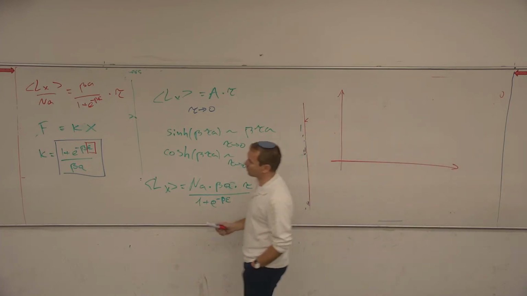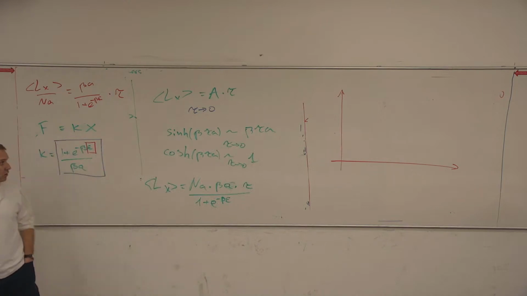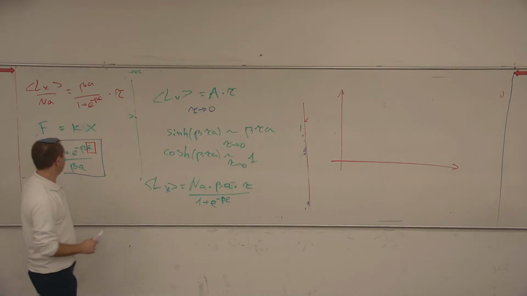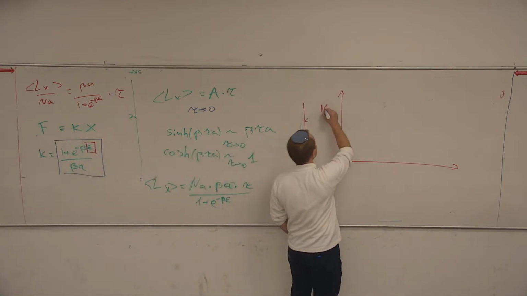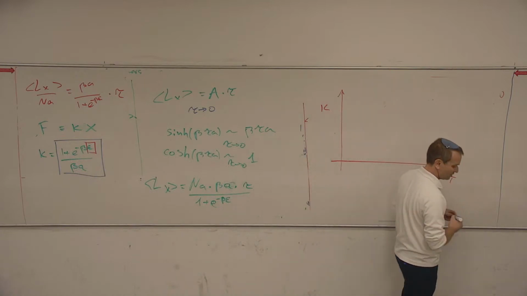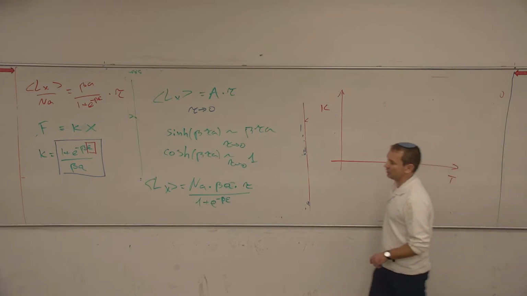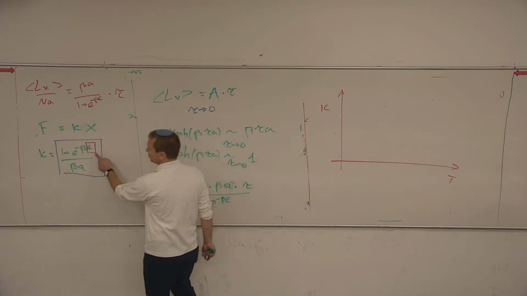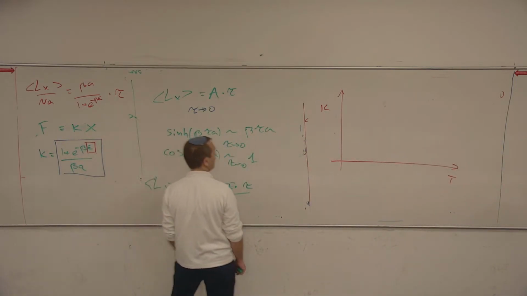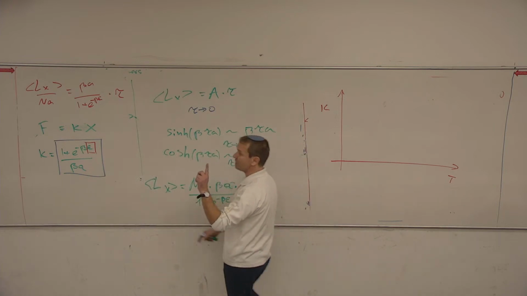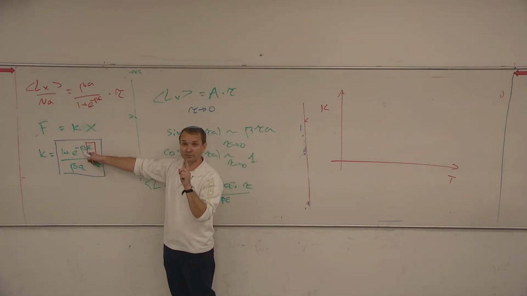I can compute this K as a function of temperature, and from exploration of this function, I will obtain the only fitting parameter that I don't have, epsilon.